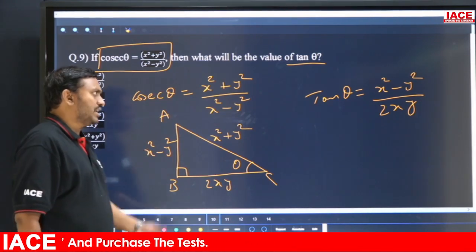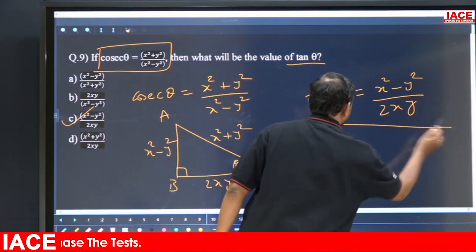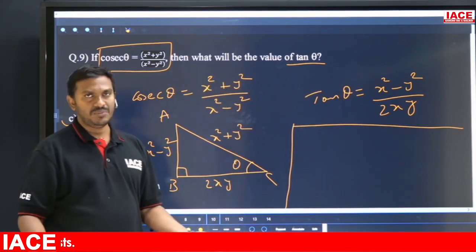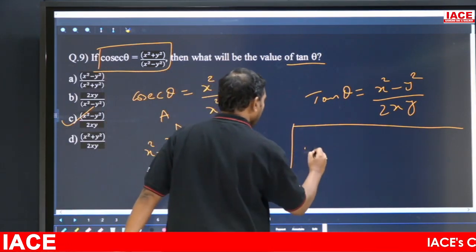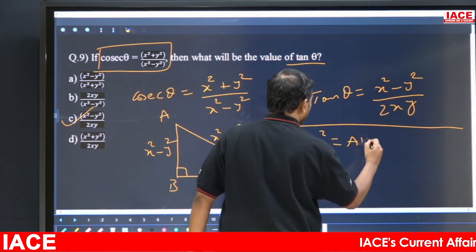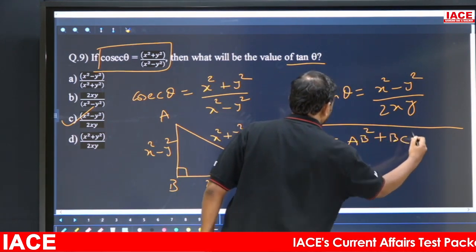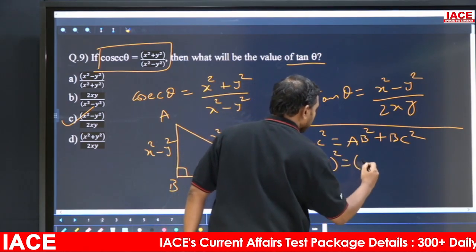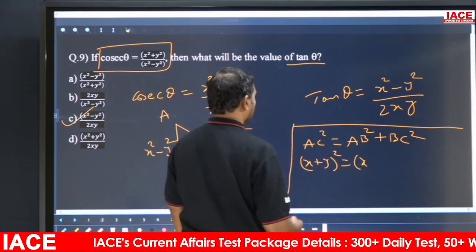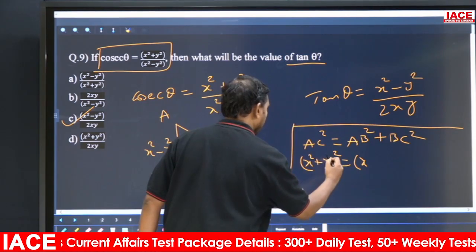Right? So, combination. Sir, suppose I don't know the combination for these values. Then AC square equal to AB square plus BC square. What is AC square?